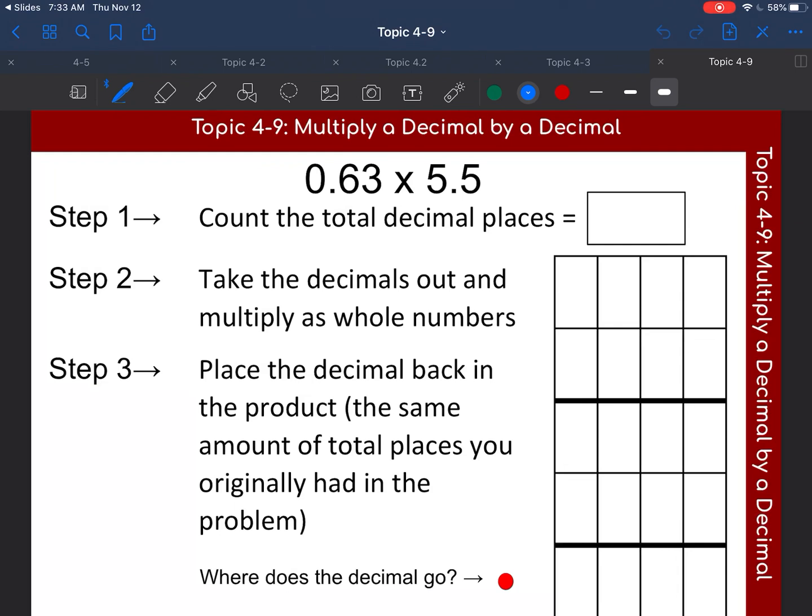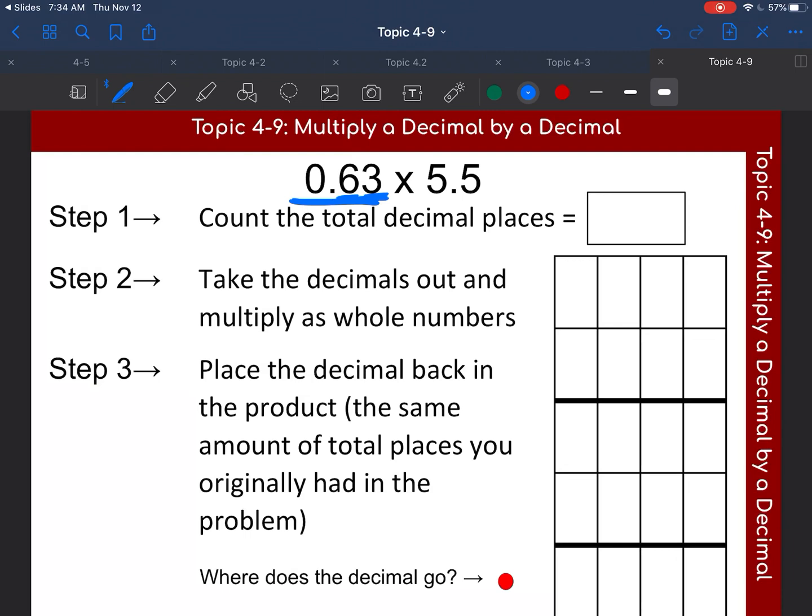It's very, very similar to multiplying a whole number by a decimal. The first step, just like we did with whole numbers times a decimal, is to count the total number of decimal places in the whole entire problem. So you see 63 hundredths times 5 and 5 tenths. How many decimal places does 63 hundredths have? It has 1, 2.